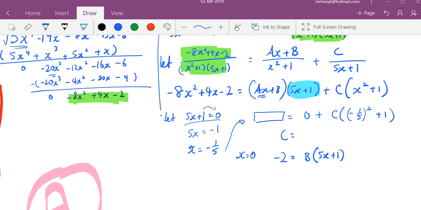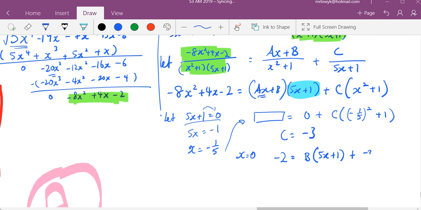Sorry, your C is 1. Sorry, this is different. Your C is A. This is negative 3. So then plus negative 3, then this is 1.